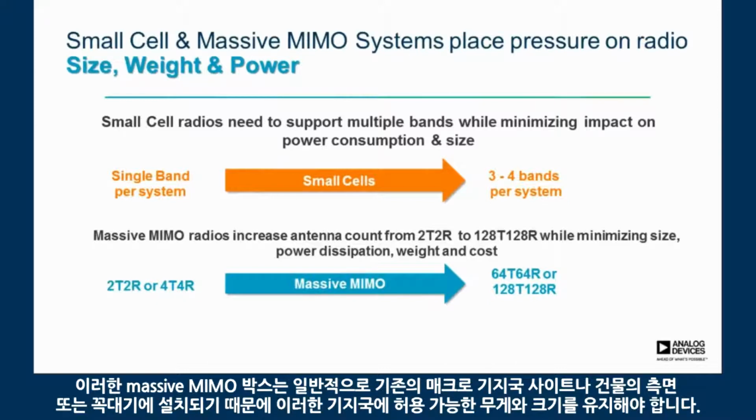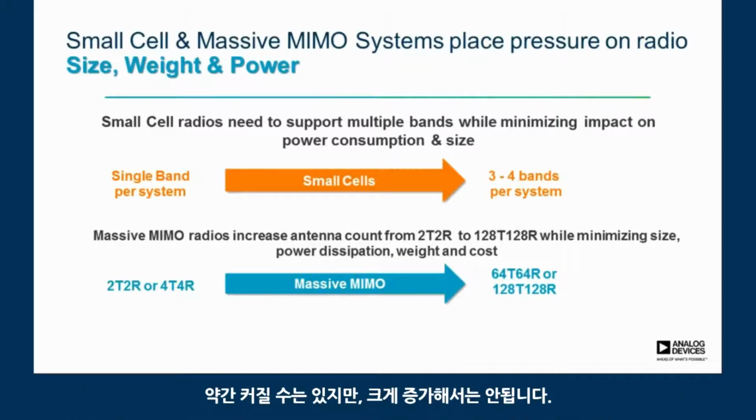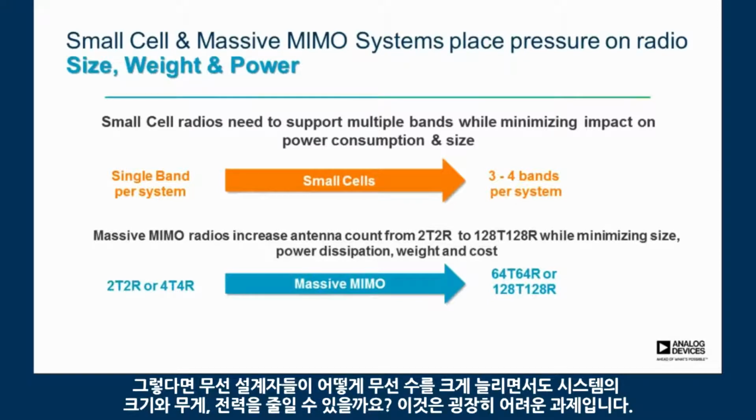And so they must remain within the current defined weight and size that's allowed for these base stations. It's allowed to increase a little bit, but not too much. So as a radio designer, how do you reduce the system size, weight, and power while increasing the number of radios significantly? It's a real challenge.